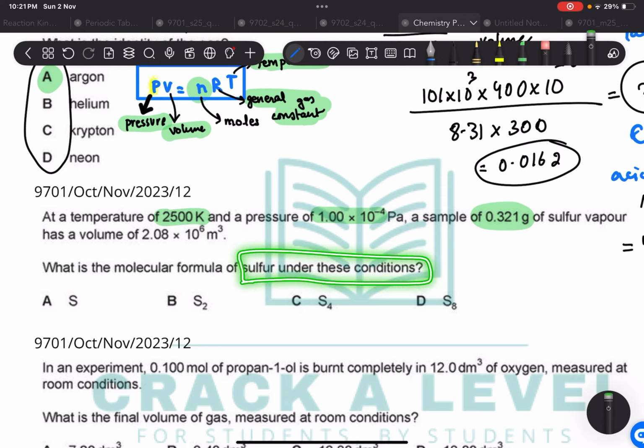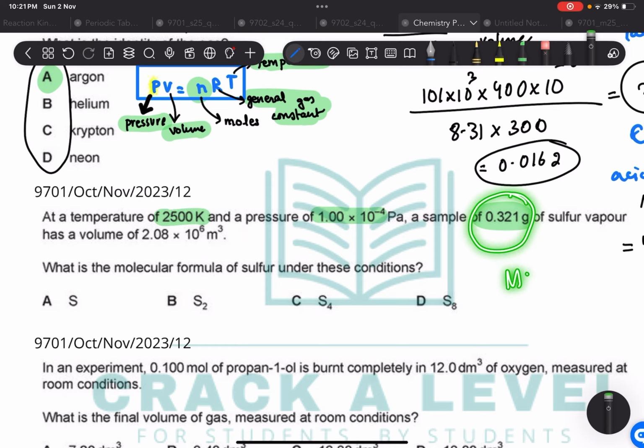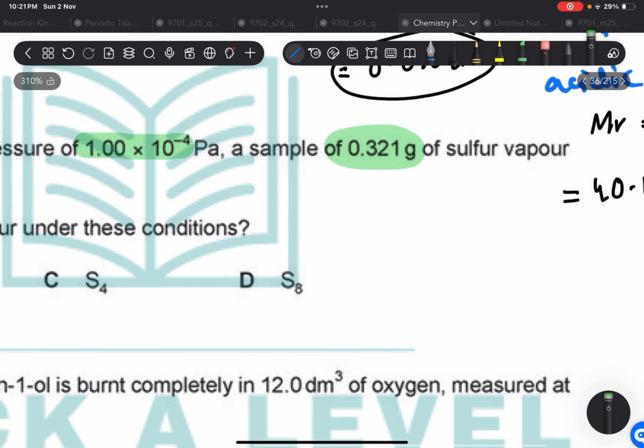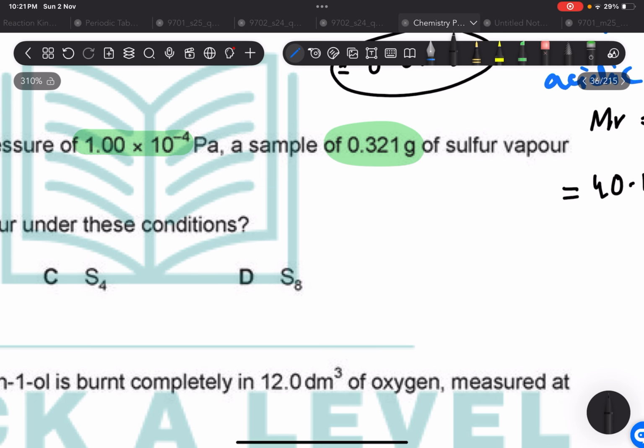What do we have to do? We simply have to figure out the moles again. From moles we're going to figure out the MR, and then we have to check which MR matches the correct description. So let's again do PV equals nRT. Okay, what is P?